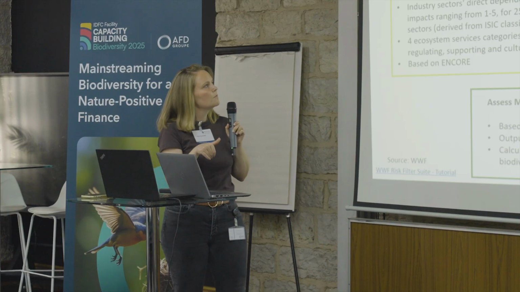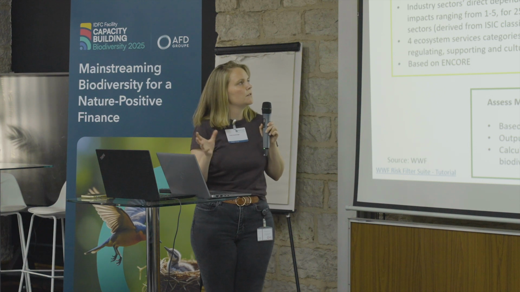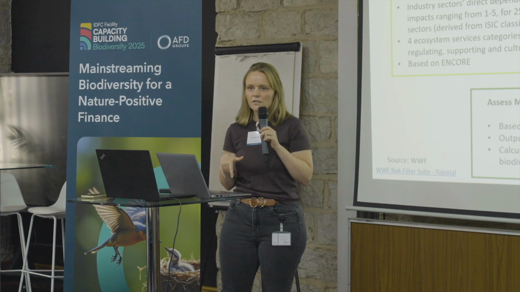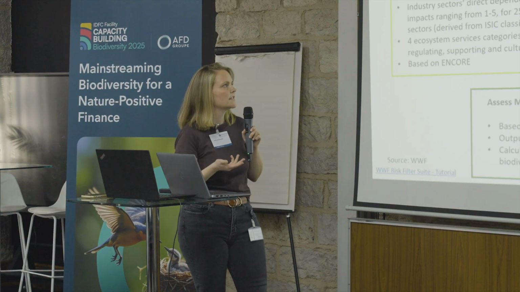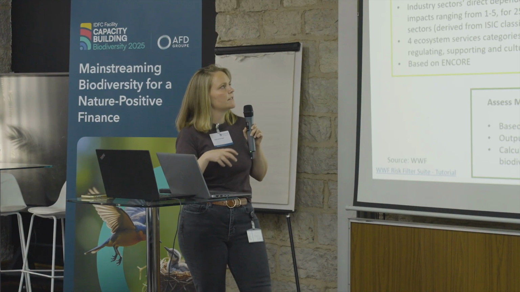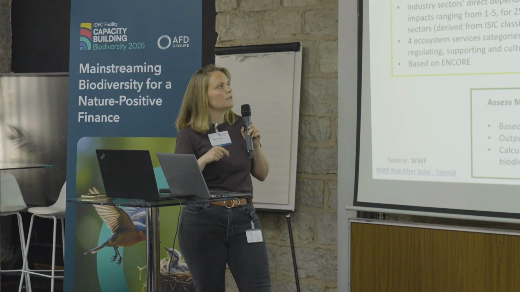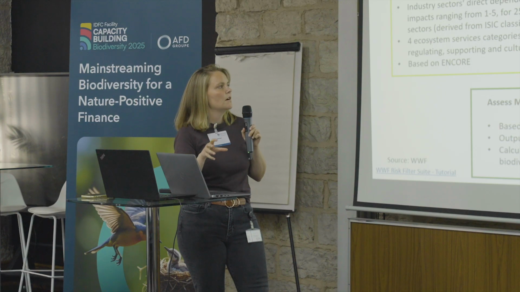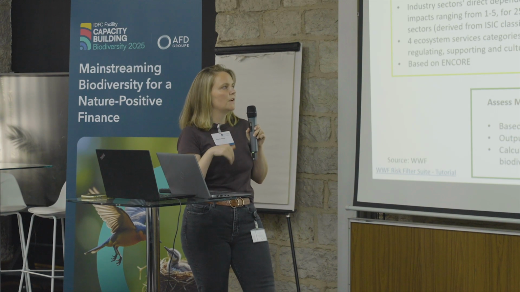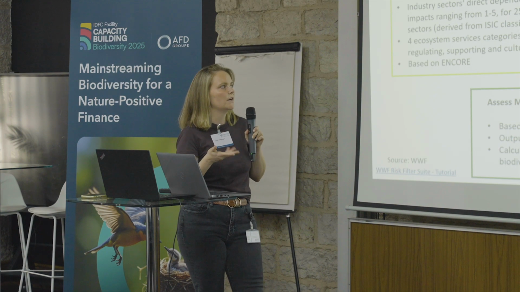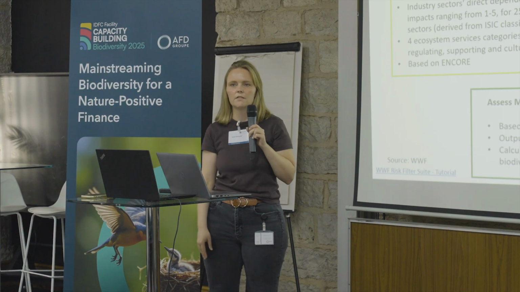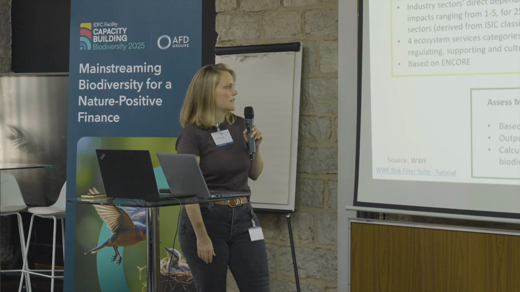Then the Explore module is analyzing the state of biodiversity of a certain location that you want to assess. Behind that module, there is a 70+ global data set on the local state of biodiversity. Again, you will get a score from 1 to 5, from very low to very high biodiversity intactness of a site that you want to assess.